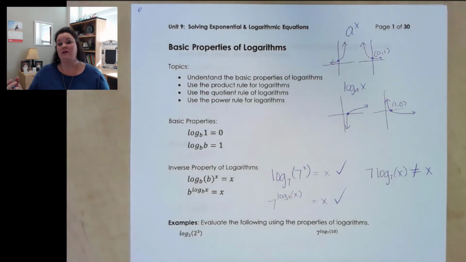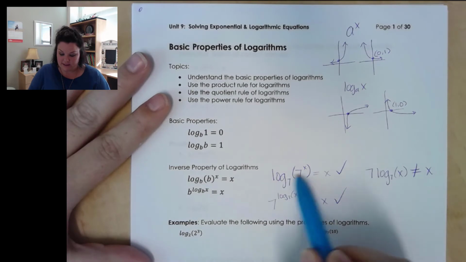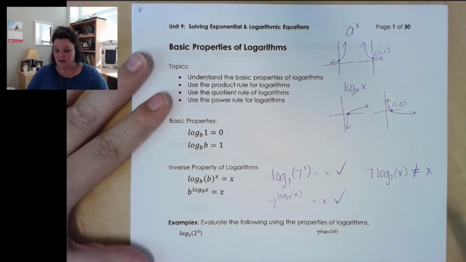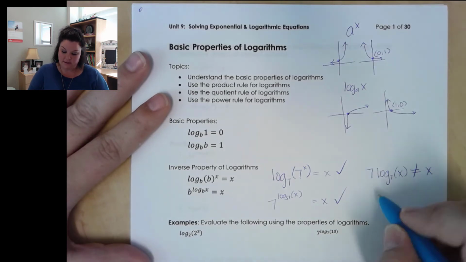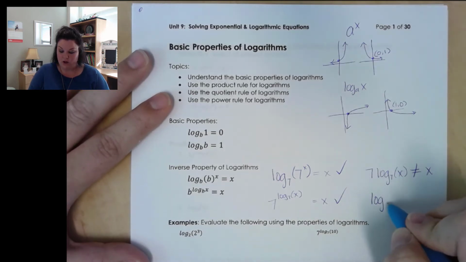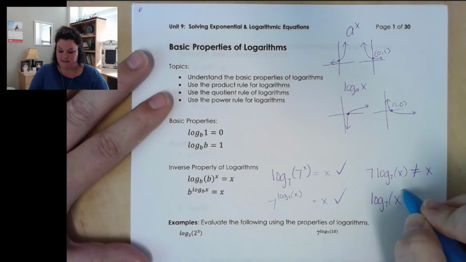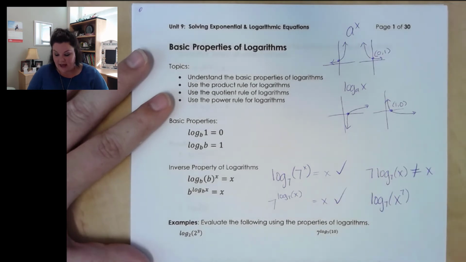So they have to be evaluating one another, right? Or the exponential base has to be inside the log, or the log has to be up in the exponent, for these to cancel out, okay? It can't just be something like this. It also can't be something like log base 7 of x to the 7th power, okay? That does not equal x, okay?